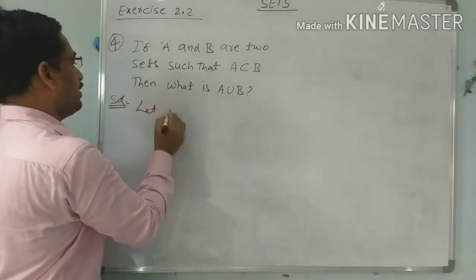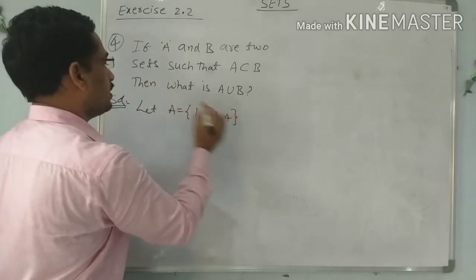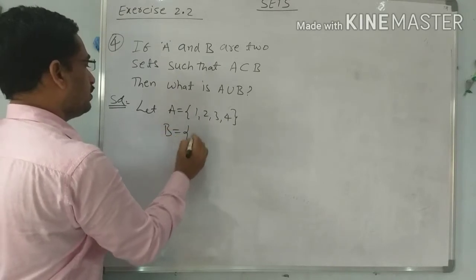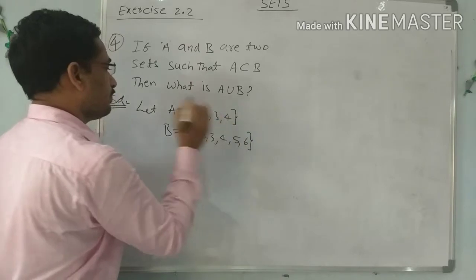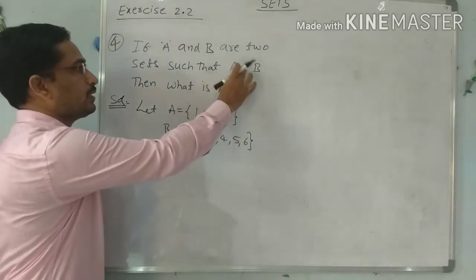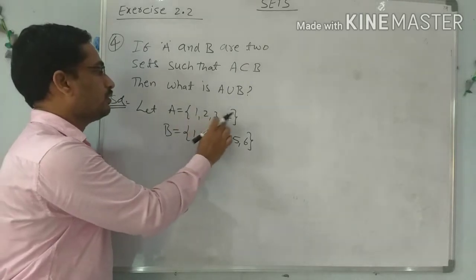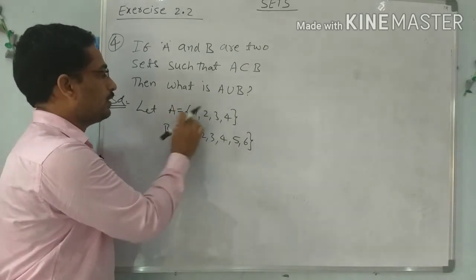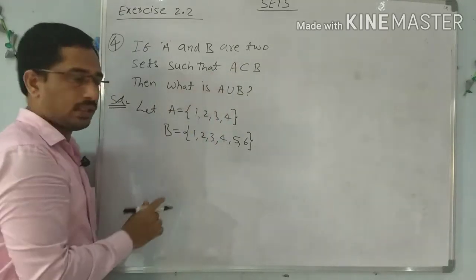Let A equal to 1, 2, 3, 4 be a set and B equal to 1, 2, 3, 4, 5, 6. Here A subset B means all the elements of A are present in B. All the elements of A, 1, 2, 3, 4, are in B. So A is a subset of B.